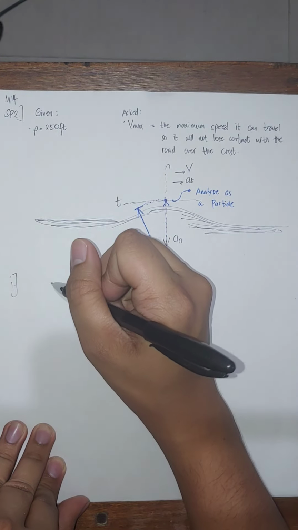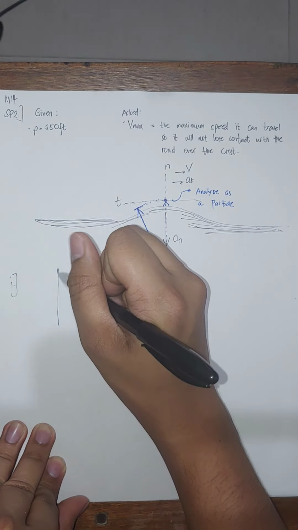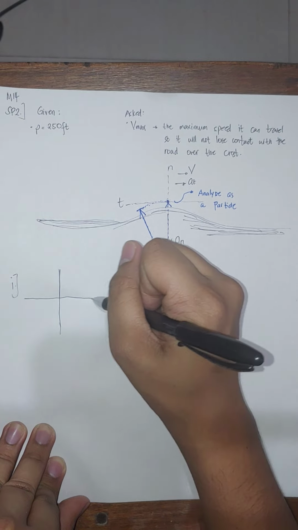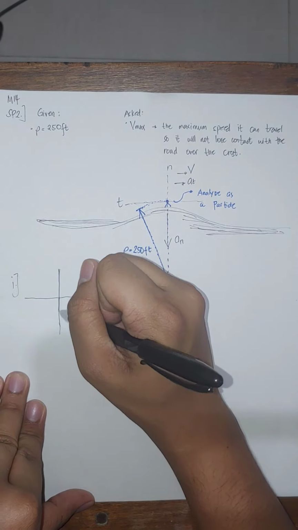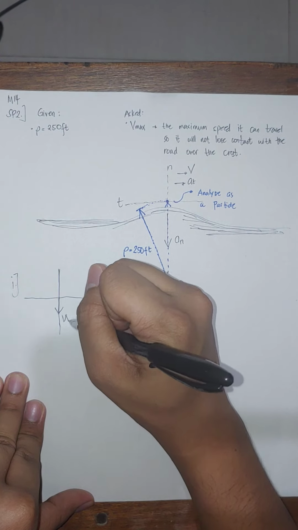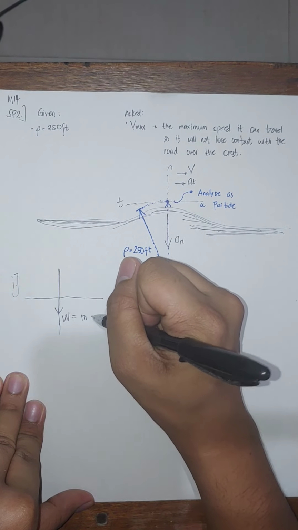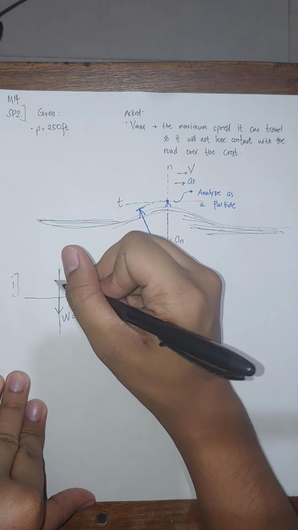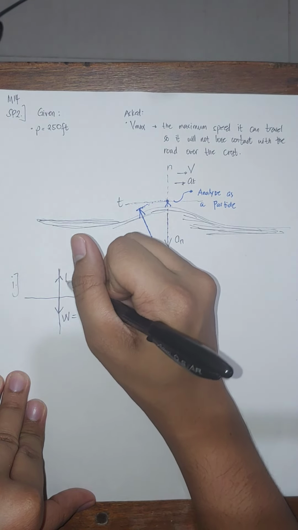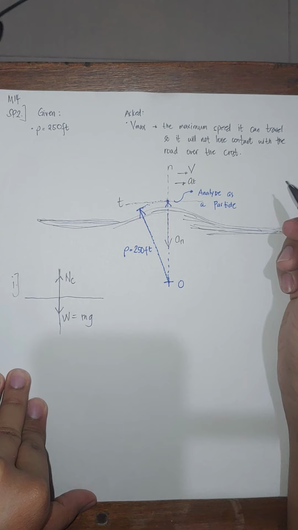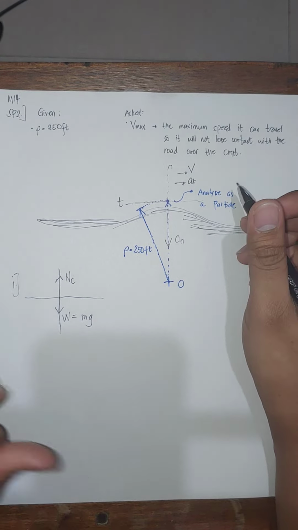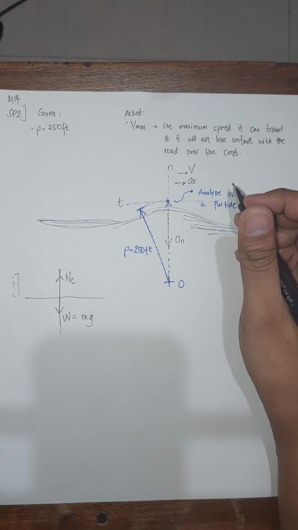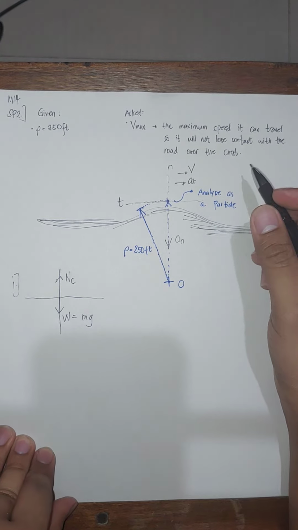If we draw the FBD of this particle, what do we have? We have the weight, which is equal to the mass times the gravitational acceleration. We also have the normal force of the object. Again, nothing else was given, we were not told about friction or anything.